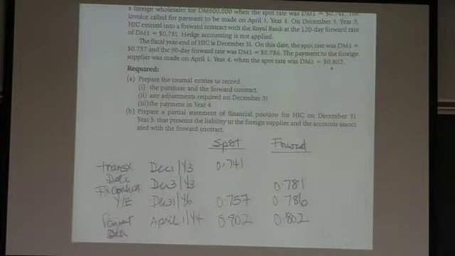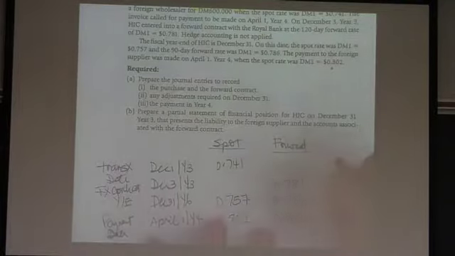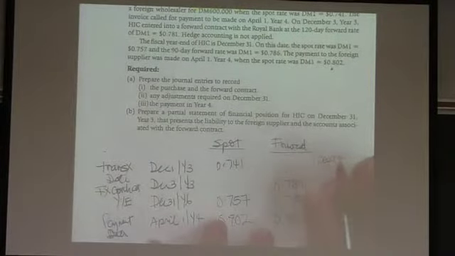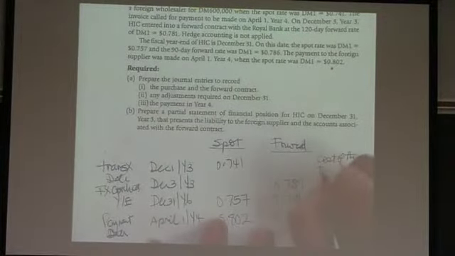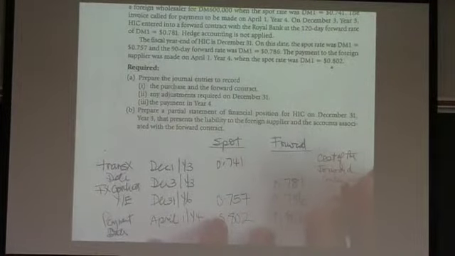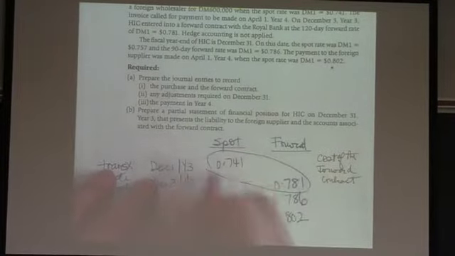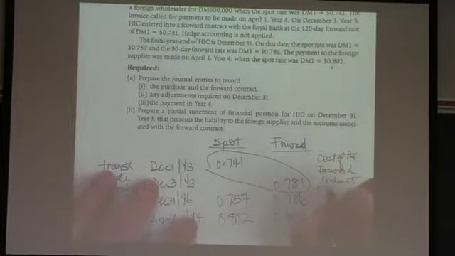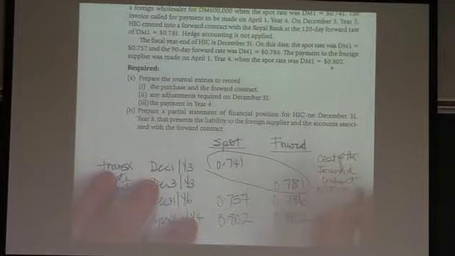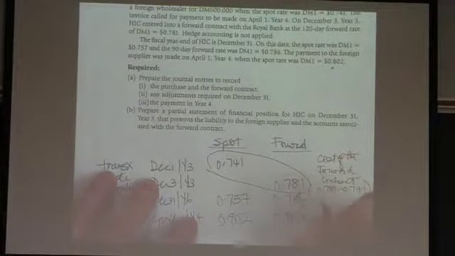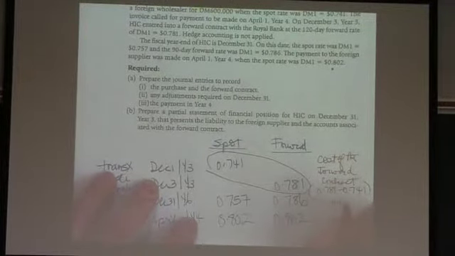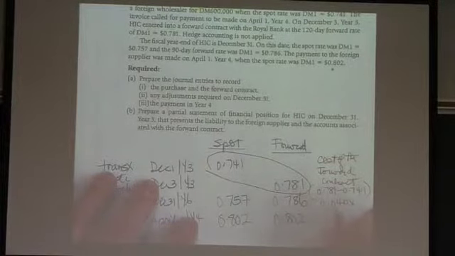Now we already know the entire cost of the contract, so I'm going to write that down. The cost of the forward contract is going to be the difference between these two, 0.781 minus 0.741, which is 0.040 times 600,000.